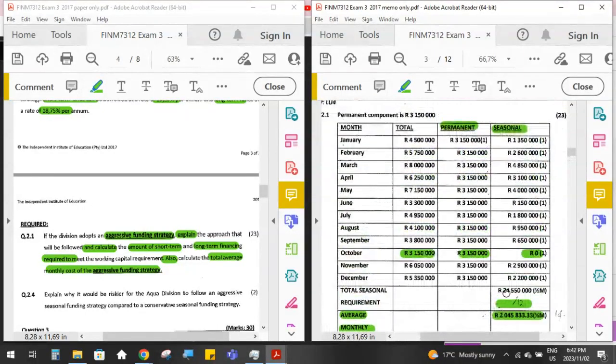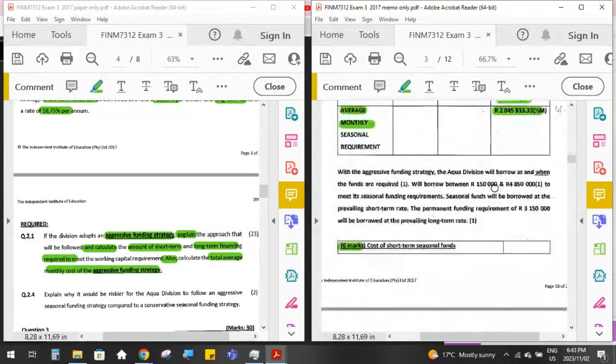And where did those amounts come from? Over here, the lowest they'll borrow from 150,000 to 4.8. That's the lowest and that's the highest in terms of the seasonal amounts. So in any month, they might have to borrow 150,000, and in one particular month, they're going to have to borrow 4.8 million to meet its seasonal needs.